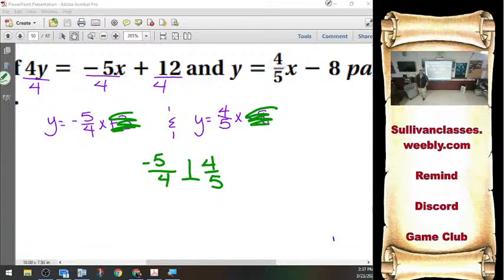So you can either write out the word perpendicular, or you can get used to that symbol. Mathematicians are notoriously, shall we say, conservationists of our ink. We like using symbols instead of words. What if it ended up negative 5/4, negative 4/5?